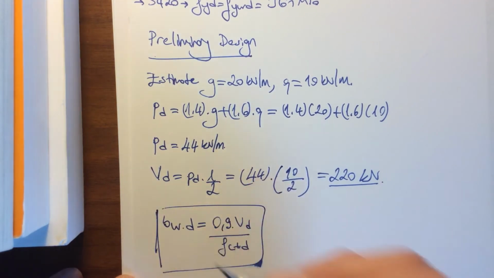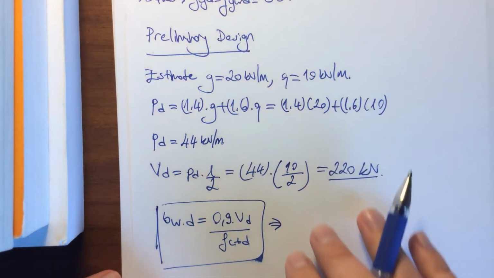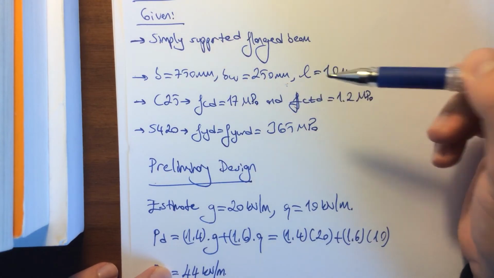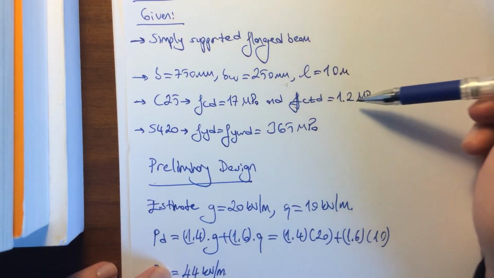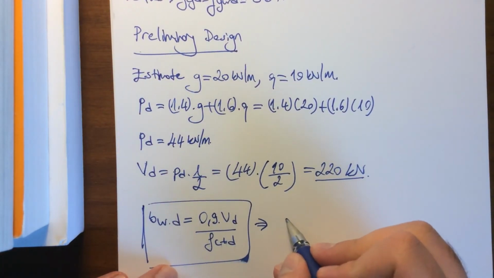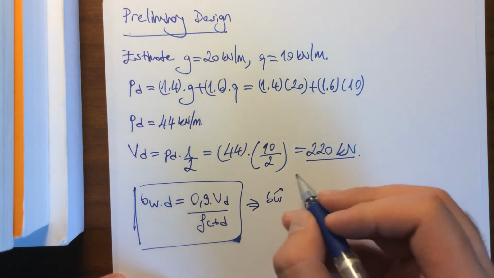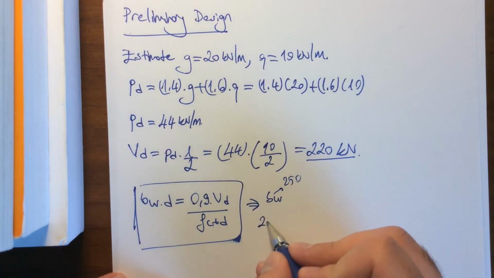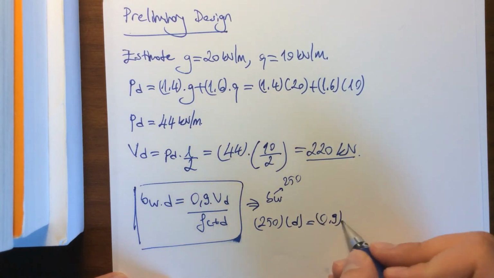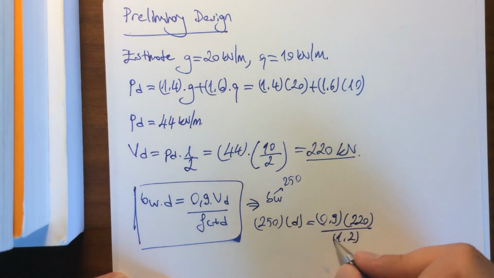So BW in our case is given as 250. We don't know the d value, and we also know the FCTD as 1.2. So let's plug those numbers into the equation. BW, which is 250, times d equals 0.9 times VD, 220, divided by 1.2 megapascals.